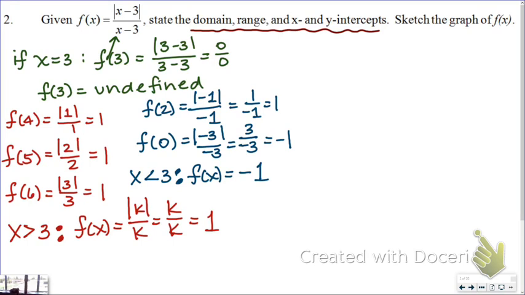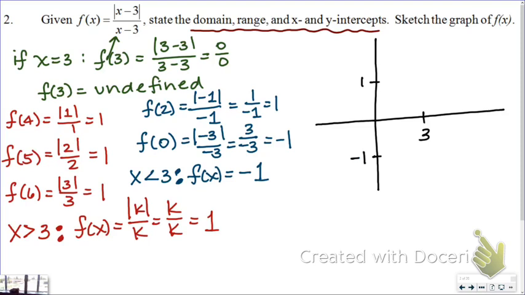And so what does this graph look like? Let's highlight the two things we're using here. Start here. Anytime x is greater than 3, y is 1. So y is 1.